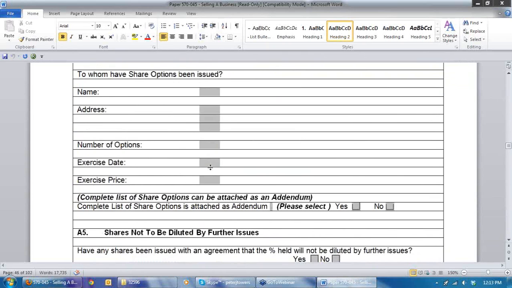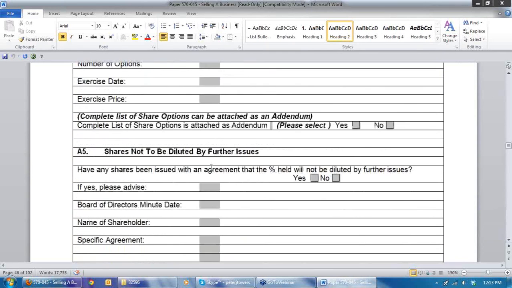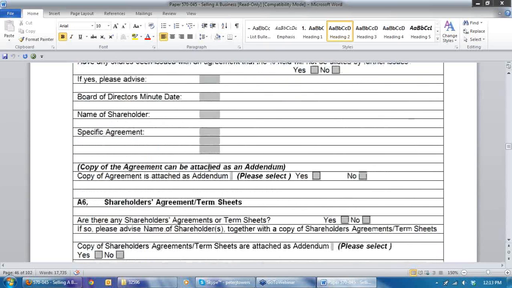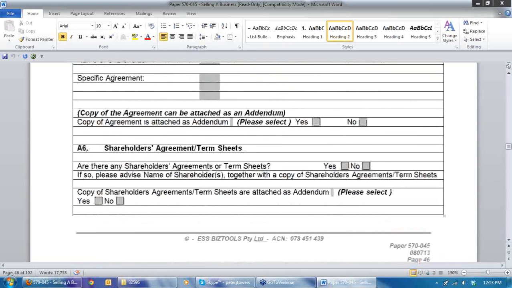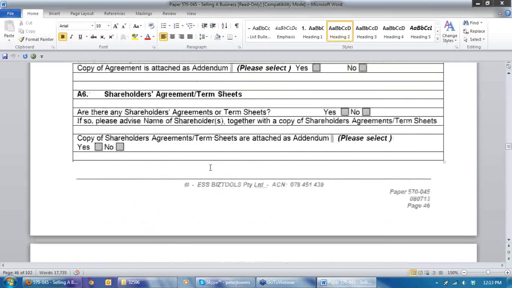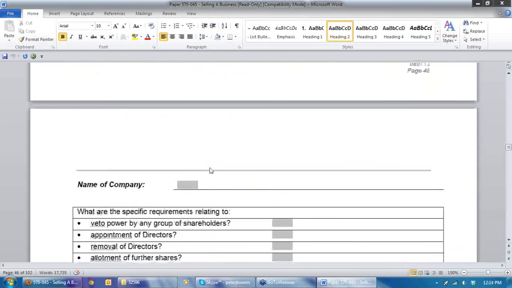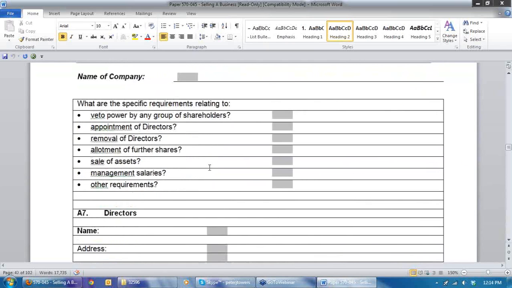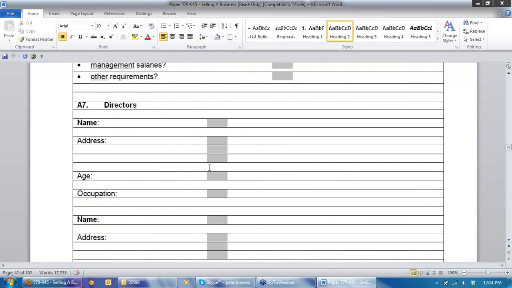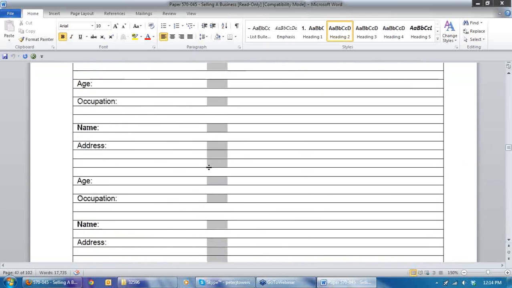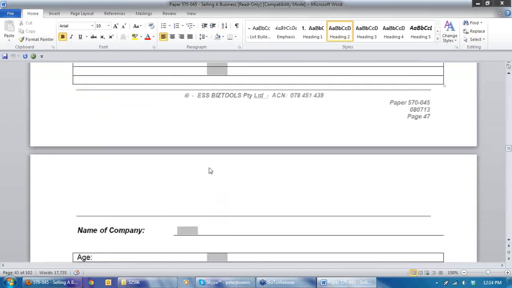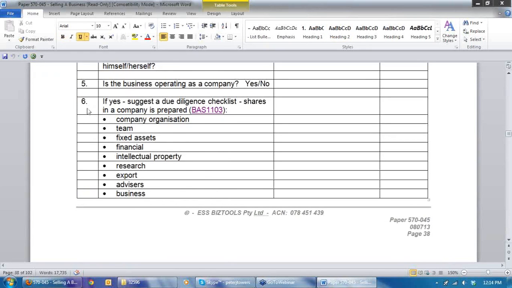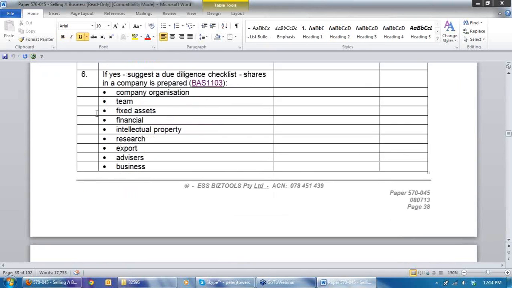So we're suggesting here that you utilize the due diligence checklist which we've prepared to undertake a trial run on a due diligence review, to try to ensure that all of the documents that might have to be produced for a due diligence review are able to be produced. So this document goes on for some pages because it considers a whole range of issues that were summarized a little earlier when we were going through looking at the paper itself.